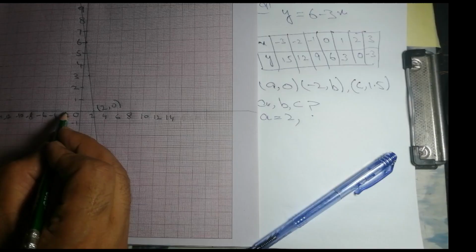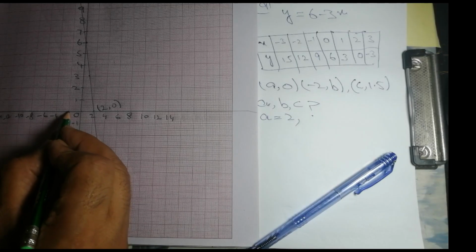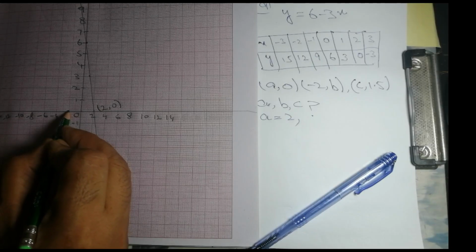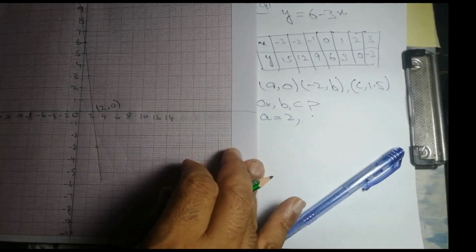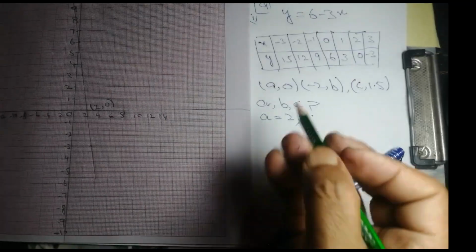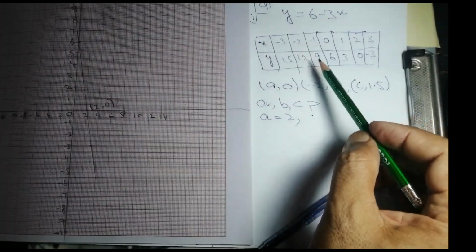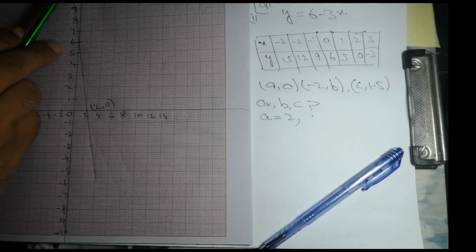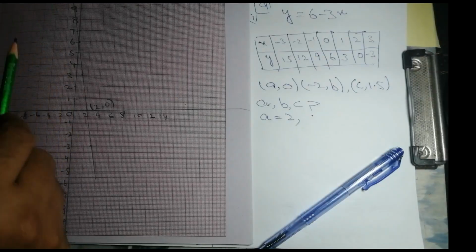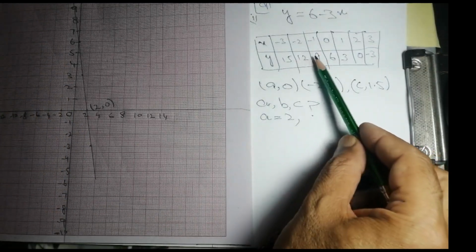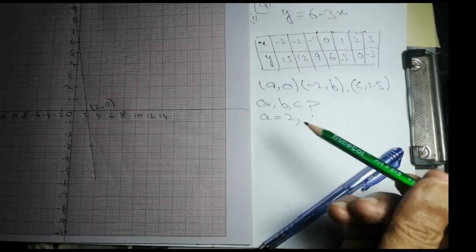Minus 2 is this one, minus 2. If we see here, at minus 2, it is 12, the point actually lies on the line. So from here, the pair is (-2, 12).